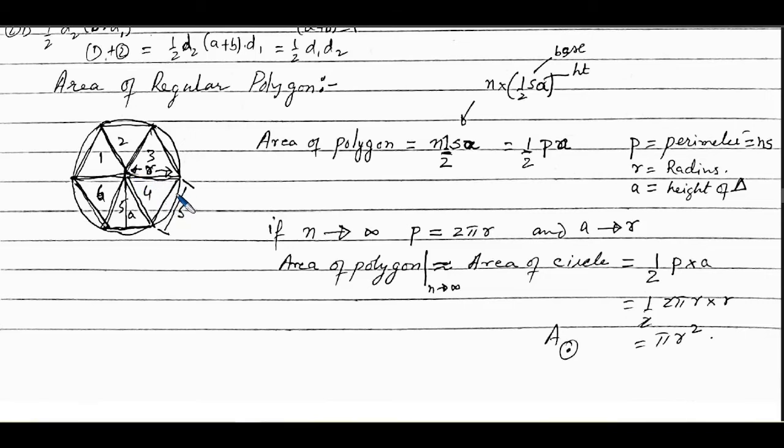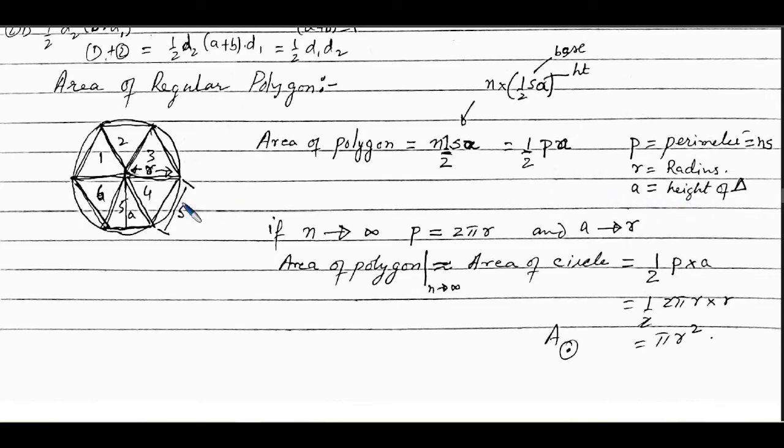But if you make s smaller and smaller, this height will come close to r. So here I have written that n times s is nothing but the perimeter, times a. The perimeter is the circumference, n times s; r is the radius, a is the height of the triangle.